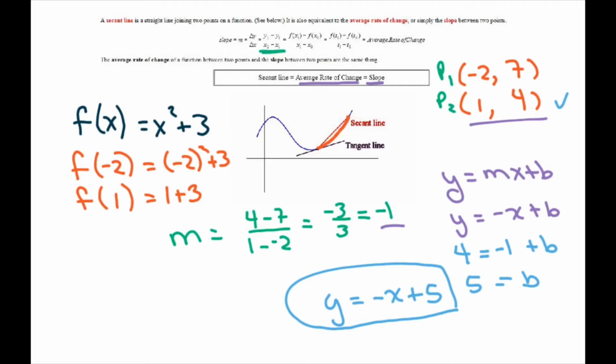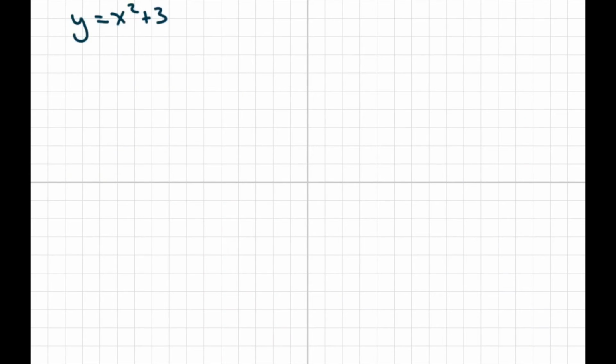All right. Now we're just going to sketch a graph of this because some of these are kind of hard to graph. Actually, these kind are a little easier. So we have negative 2, 7, and 1, 4. So basically, for this equation, we know this is just shifted up by 3.